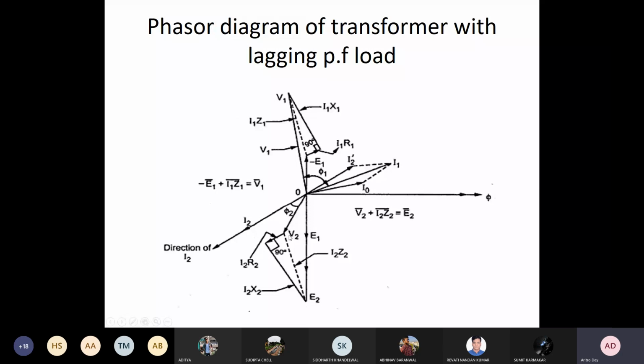Then V2 plus I2 Z2 will give you E2, which is the induced EMF in the secondary. So V2 plus I2 R2, then j into I2 X2, because of the leakage reactance, and ultimately this is your E2. E2 and E1 will be in phase, and their ratio should be the same as the turns ratio. Then you have E1 here, and minus E1 is 180 degrees out of phase, and this is your phi.